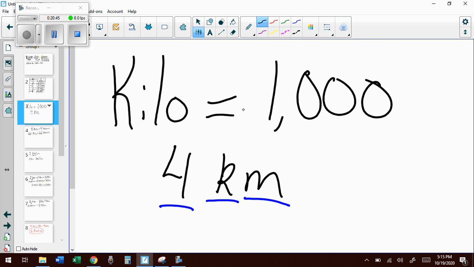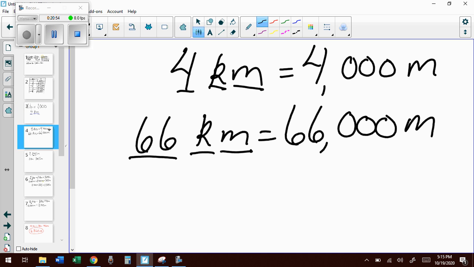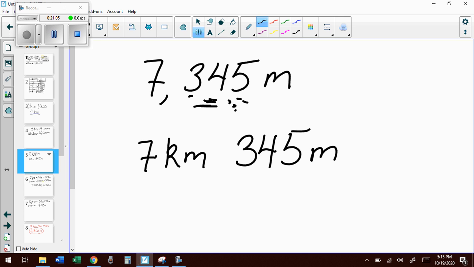A kilo means 1,000, and when you're reading 4 km, you read it literally 4,000 meters. So 4 kilometers is 4,000 meters. 66,000 meters. And again, if we have some leftovers, we read it 7,345 meters.